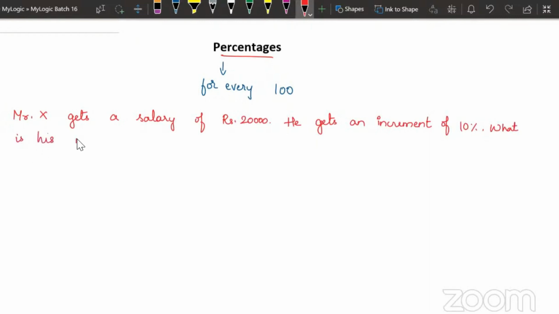What is his new salary? Suppose this is a question given. What is the answer for this? Can you tell me what is his new salary? Mention in the comment section.